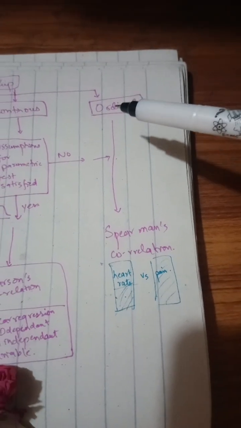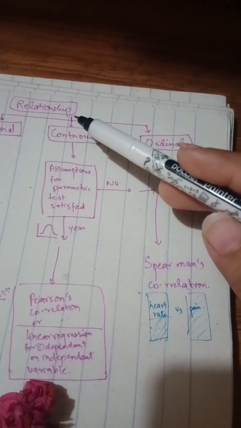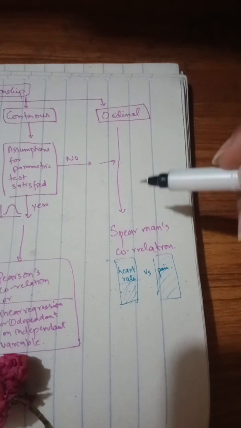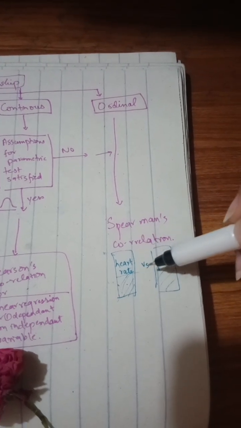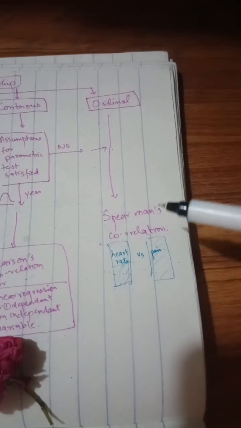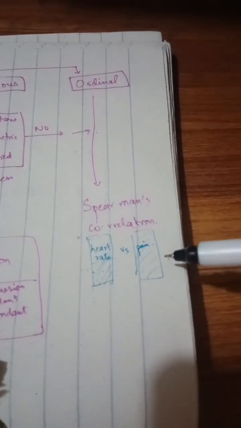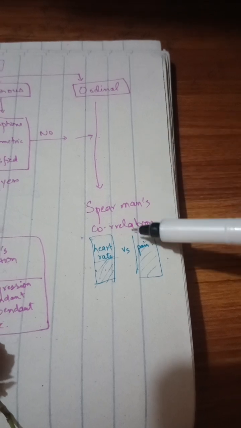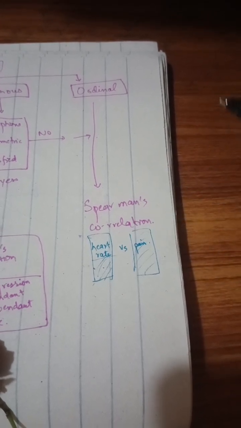And if they are not normally distributed, and we are going to find the relationship between two entirely different things, for example heart rate and pain, then we are going to use Spearman's correlation. That's about it.